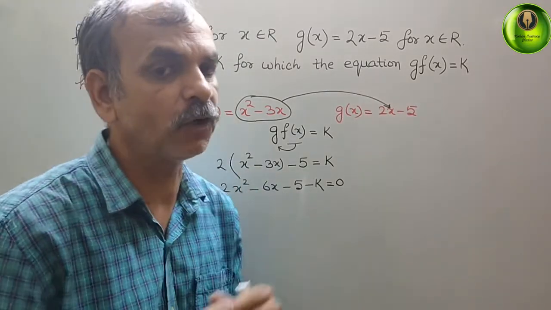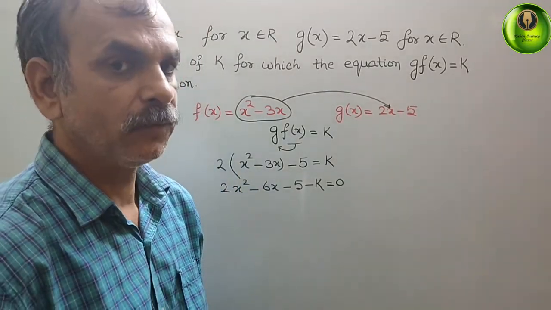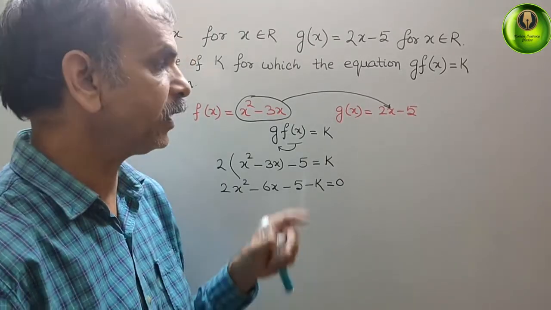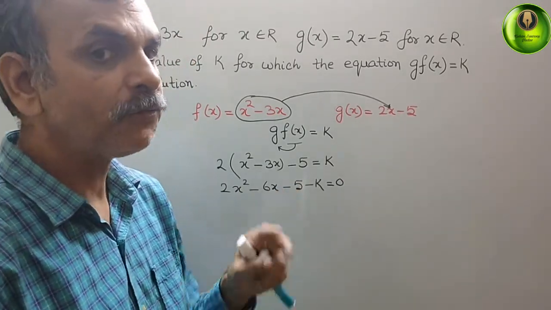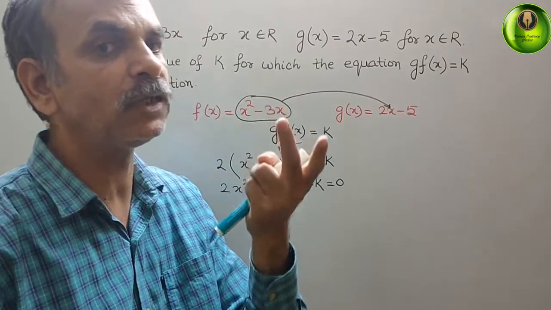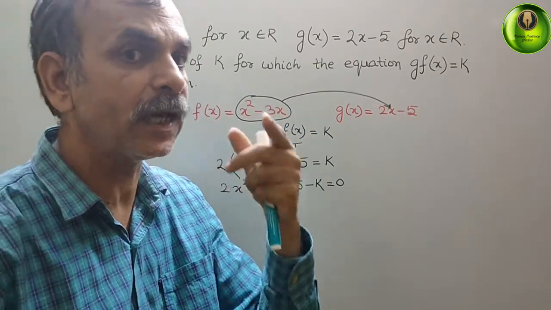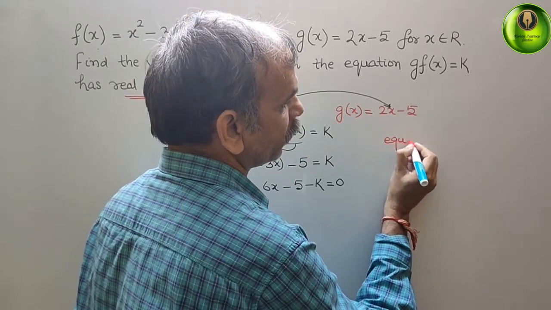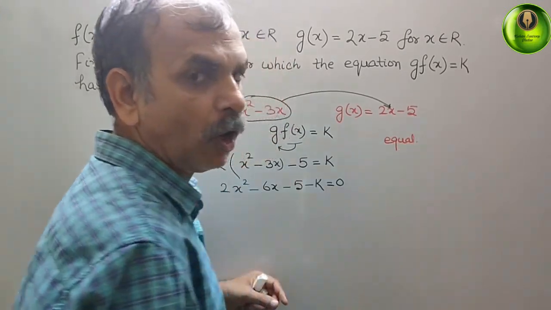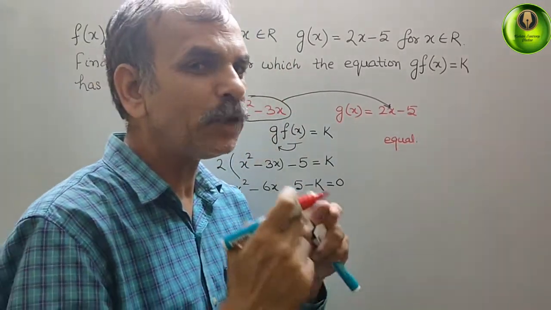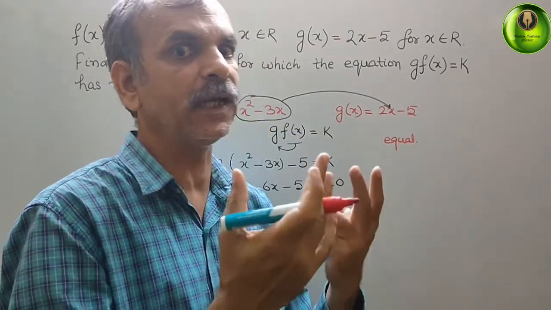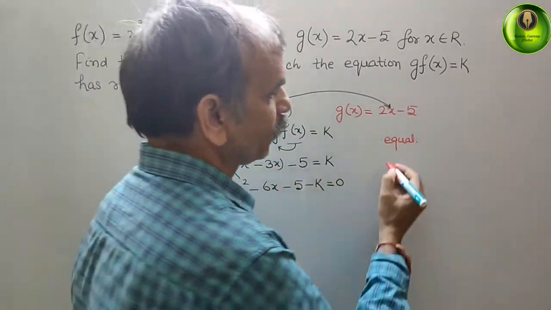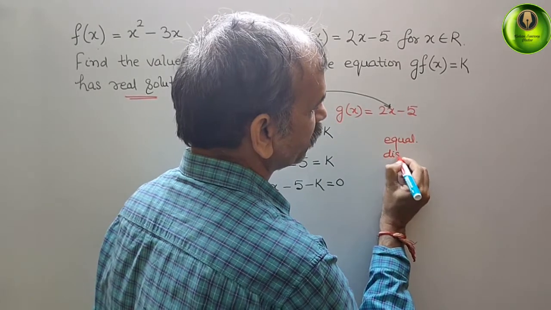Real solution means what? Real solution means if you have two equal solutions, then also they are real. Equal solution. Or if you have two distinct solutions, then also they are real. So we can say distinct.